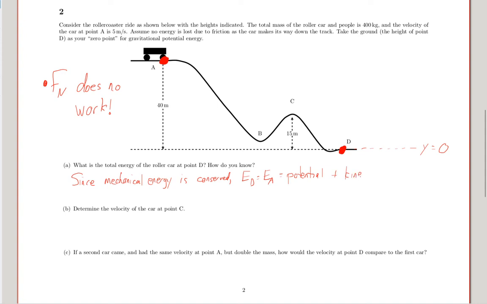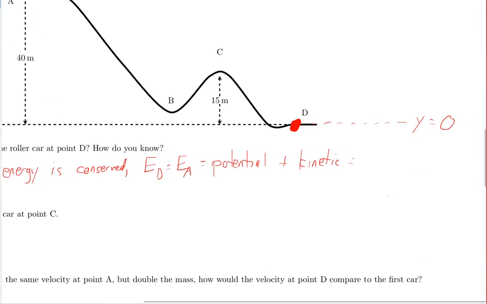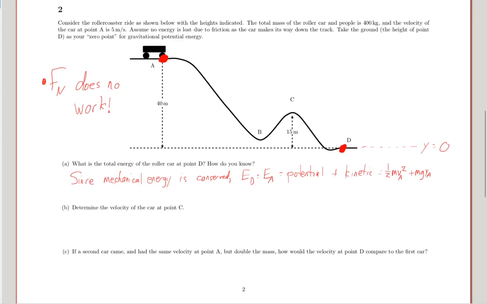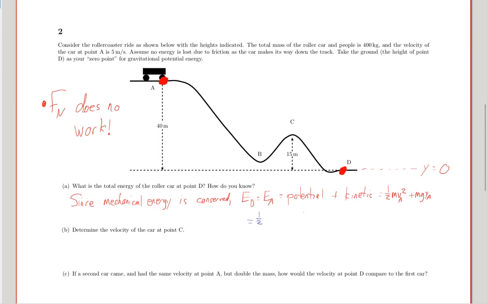potential plus kinetic, which is 1/2 m times the velocity at A squared plus mg times the height of A. So that's going to be equal to 1/2. The mass is 400 kilograms.